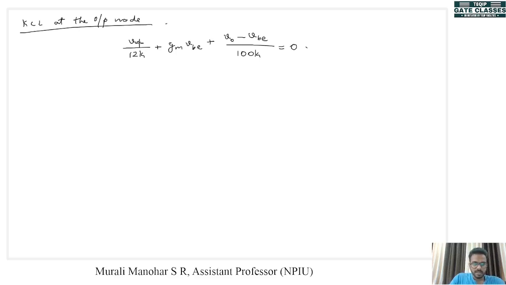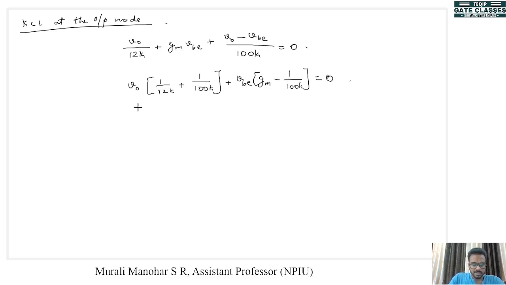So we can take the V out terms together. This becomes V out into 1 by 12k plus 1 by 100k, plus the VBE terms together will make GM minus 1 by 100k, equal to 0.